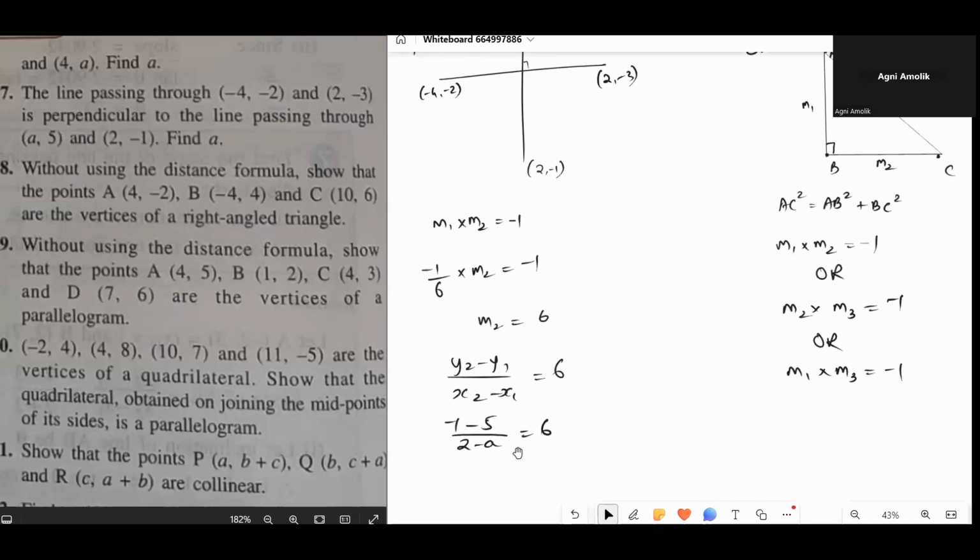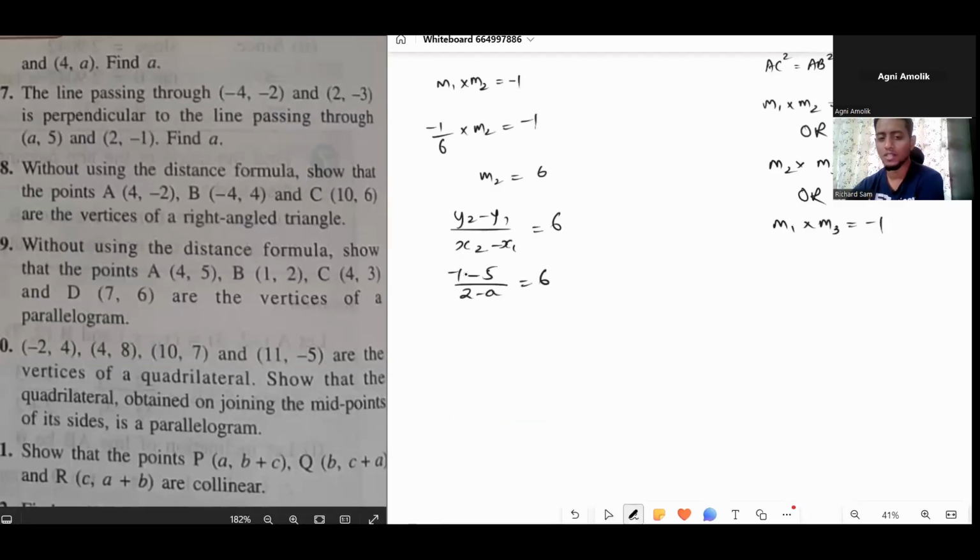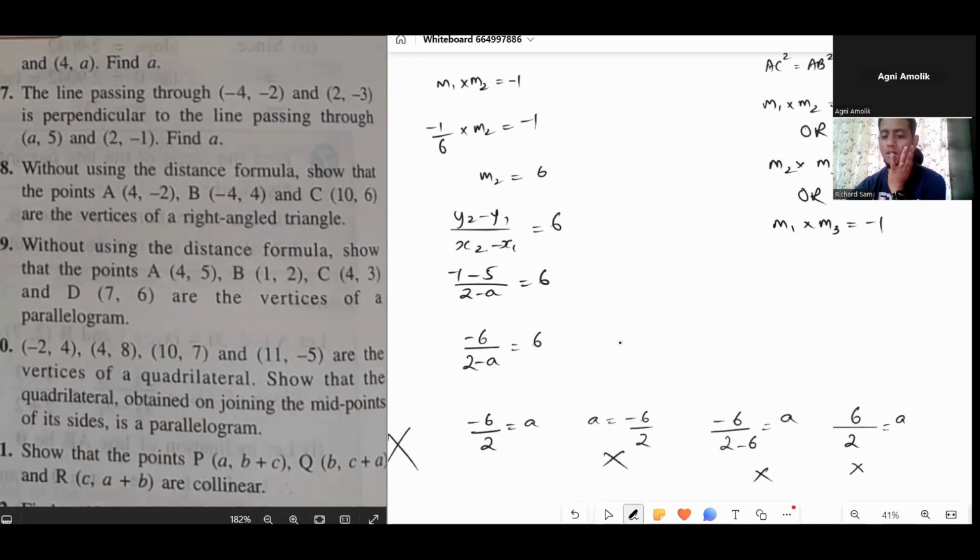Okay, tell me the answer. Solve it. So here -1 minus 5 is what, Himakshi? Kathy? So this will become -6 upon 2 minus a is equal to 6. Now what do we do in the next step? Okay, so what will it become? This is correct.